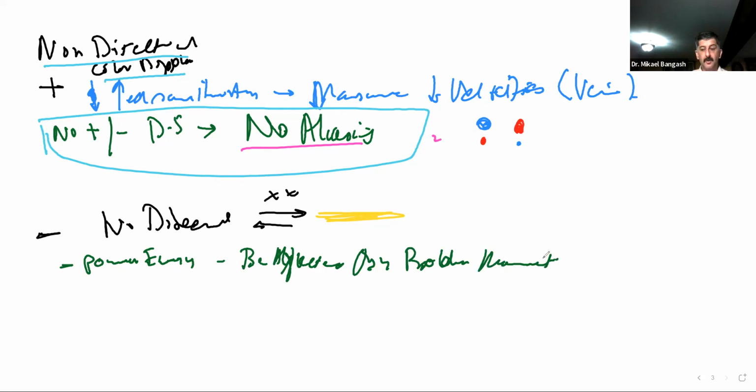Let's say the body movement of a limb. Let's say you're scanning or checking for blood flow in the right arm, and this person is moving his right arm at this point. Those body movements may be recorded and misrepresented as a power Doppler.